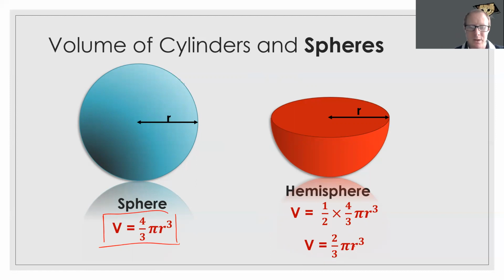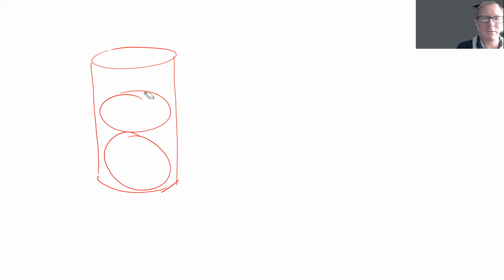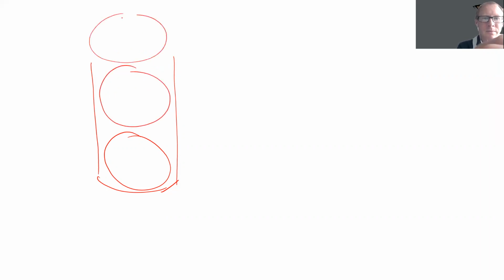Okay? At this point, I'm going to do another example, which sort of puts these together. So we imagine that we have a can full of tennis balls. Let's just make this a bit higher, so I can draw circles properly.